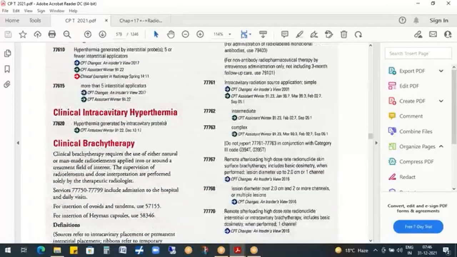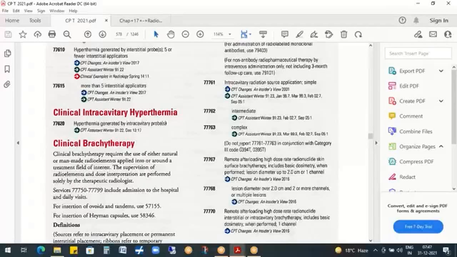77767, page number 552. Are you there? Can you see the code description now? 77767: remote afterloading, high dose radionuclide skin surface brachytherapy.